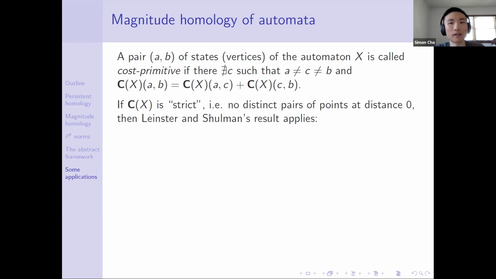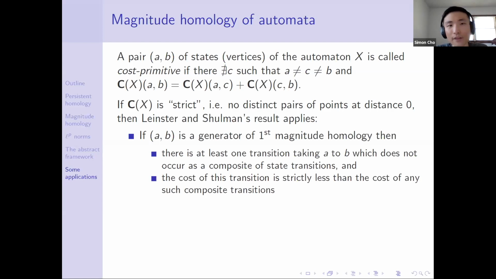We need to make the restriction that this resulting Lawvere metric space is strict, so there can't be distinct pairs of points at distance 0, which is a real restriction. And then you can just straight up apply the magnitude homology result, because this is a metric space.